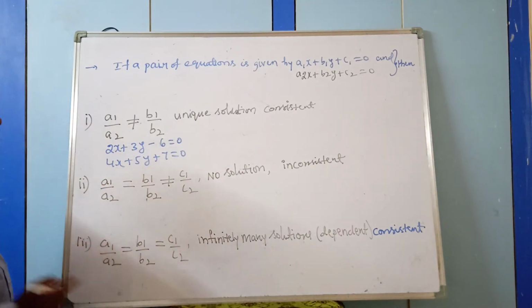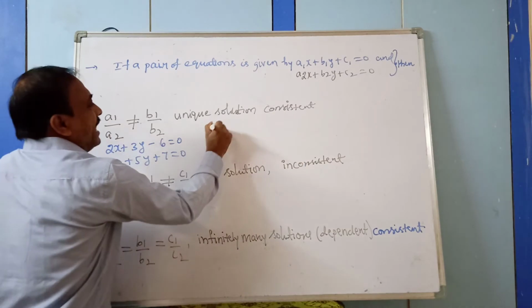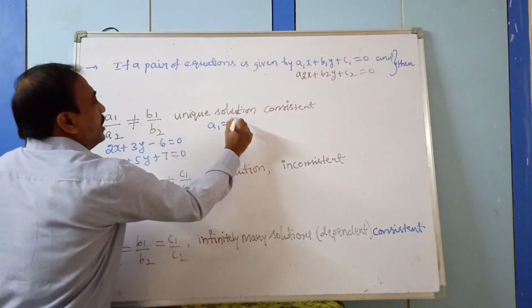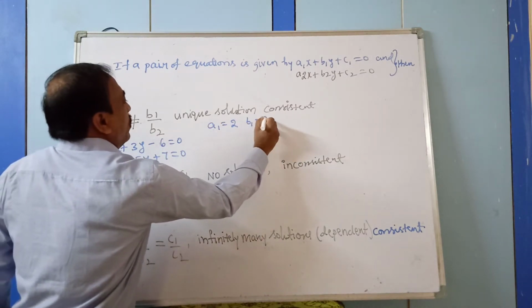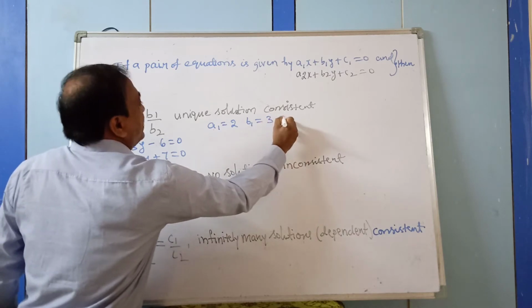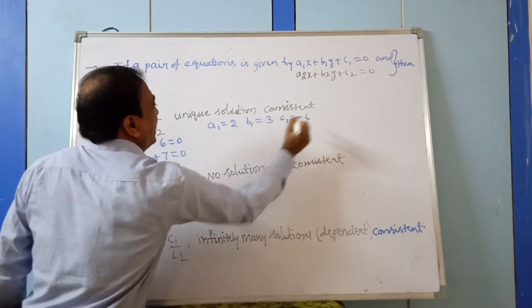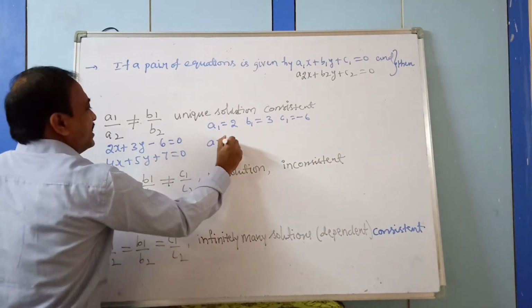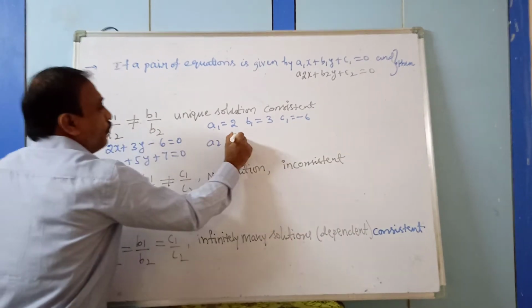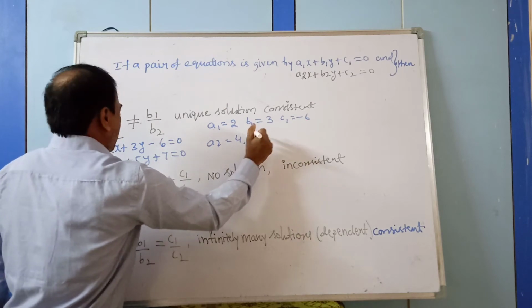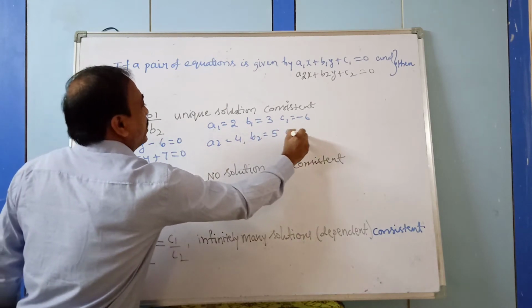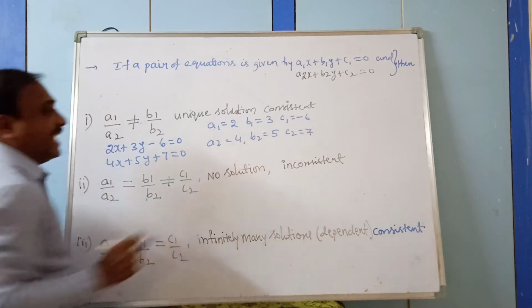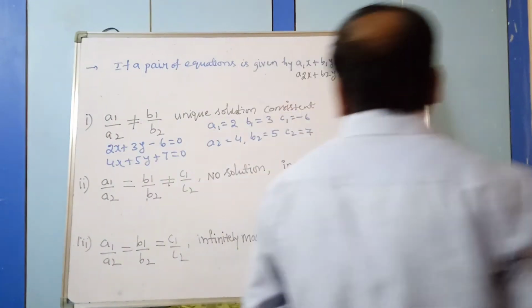For the first one, A1 is equal to 2, B1 is equal to 3, C1 is equal to minus 6. Similarly, for the second one, A2 is equal to 4, B2 is equal to 5 and C2 is equal to 7.